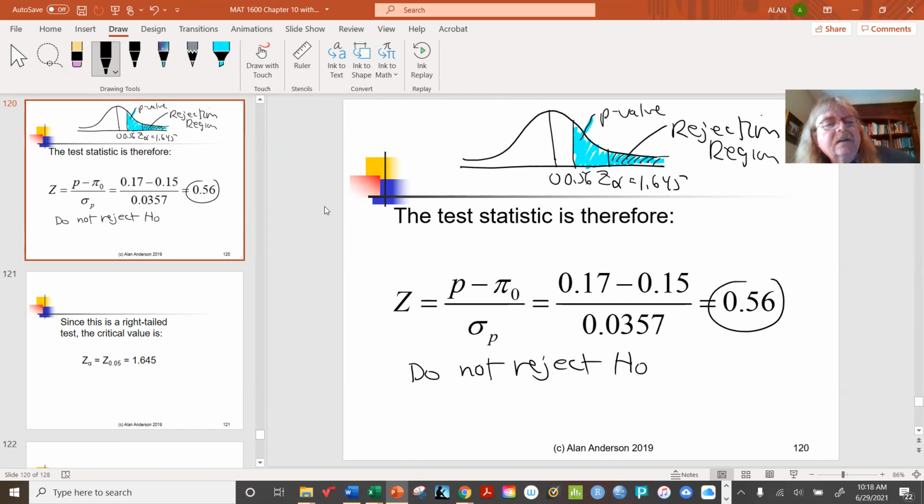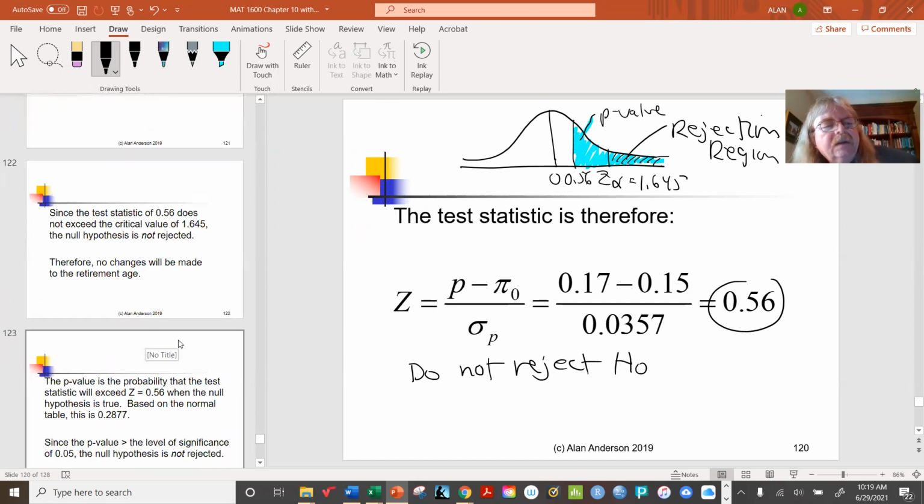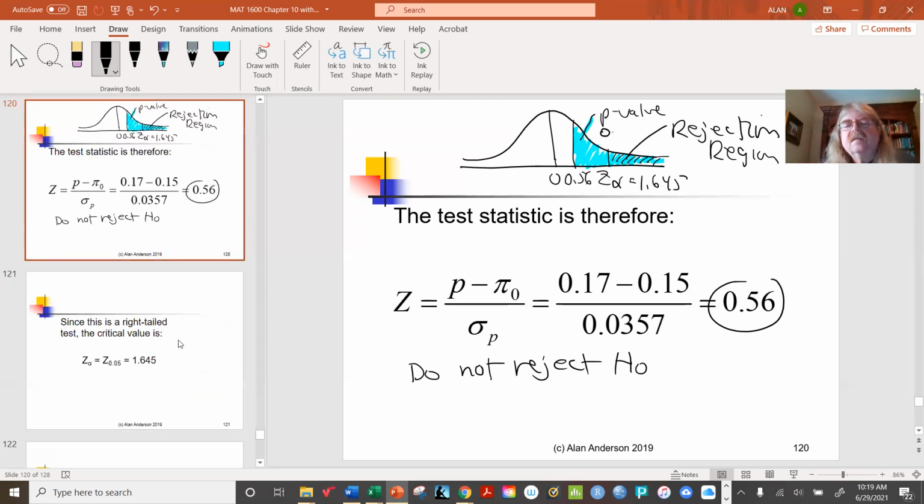So I've already gone ahead and done this. The p-value is 0.2877. The p-value is the probability that z exceeds 0.56.